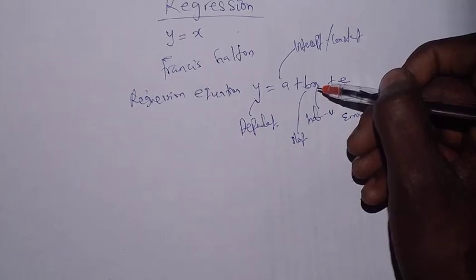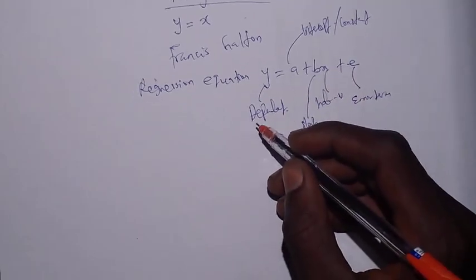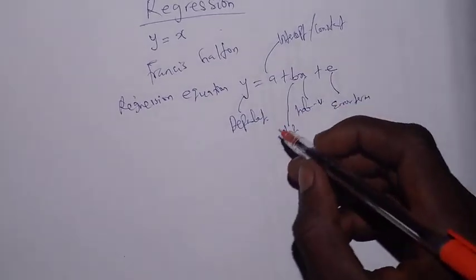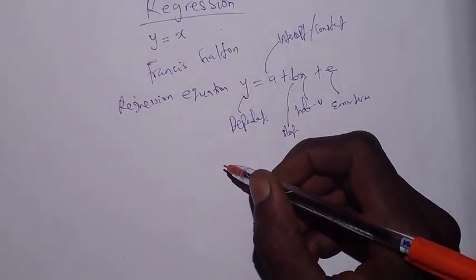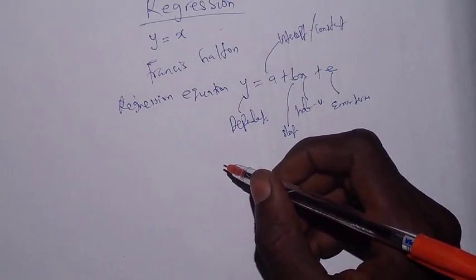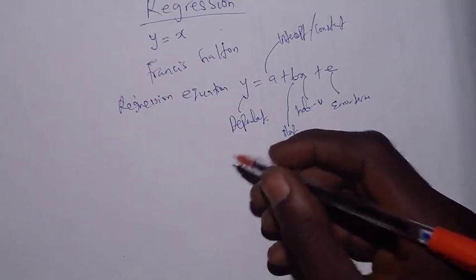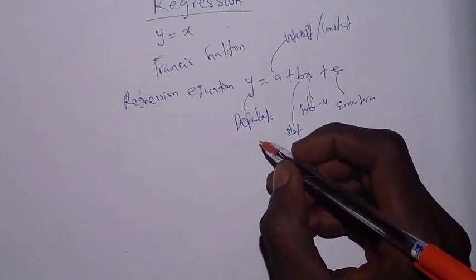And now, whenever a regression model is being run on a computer, whenever we run a regression model, we expect at least 7 statistics. The basic statistics that we expect after a regression has been run are 7 statistics.